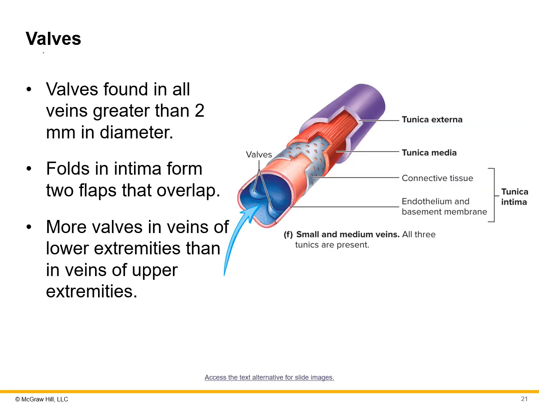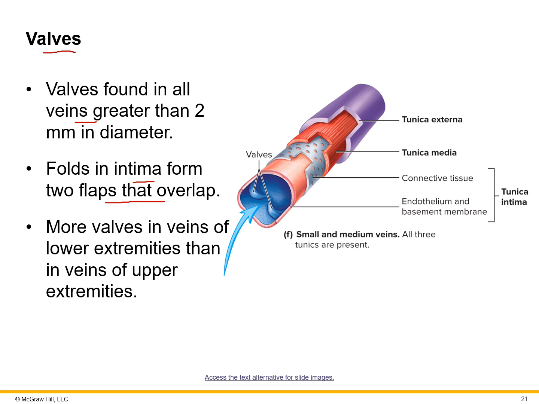Then we also have some valves here. So of course we talked about the valves in the heart. We also have some valves that are found in the veins that are greater than a couple millimeters in diameter. Not that you would need to know that number, but just to put it in perspective, folds in the intima are going to form the 2 flaps, essentially that overlap.